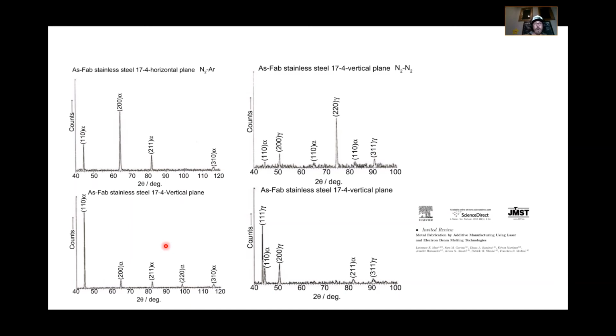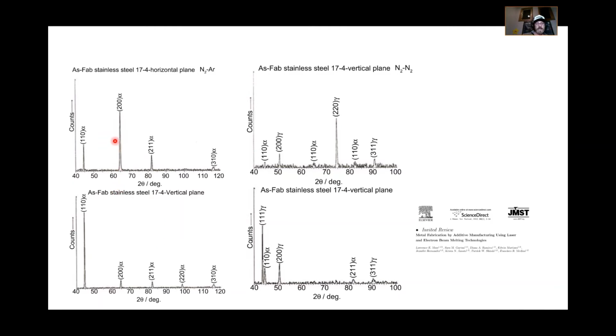I'm struggling to remember what they mean by vertical and horizontal plane. I'm going to say they built a cylinder, and the horizontal plane maybe was looking at it topwise, and the vertical plane was looking at it here. Either way, there's a difference in the texturization between these vertical and horizontal planes, and there's actually two things I want to point out on this slide.